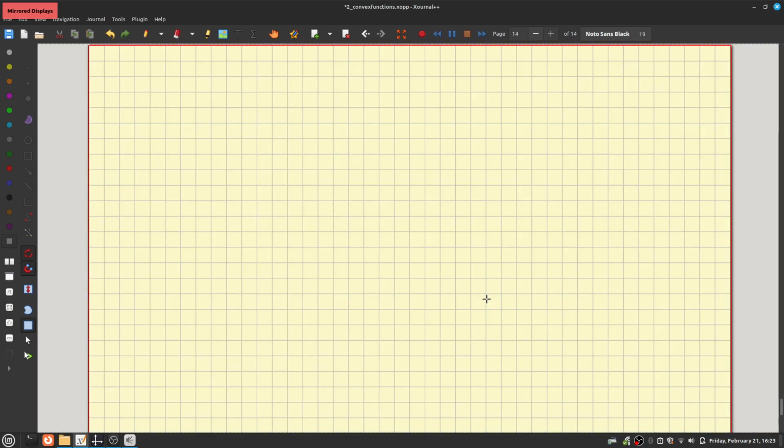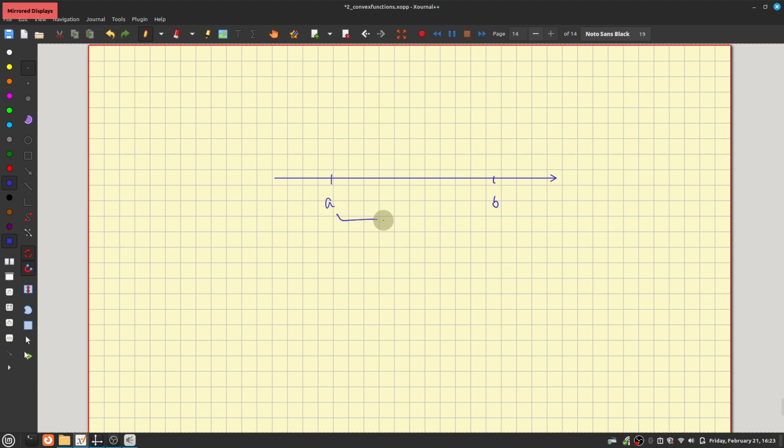Okay, so given this, let's quickly look at an example, sort of a visual example. Suppose I have some function and my omega is, let's say, a to b. My omega is an interval, and the function looks something like this.